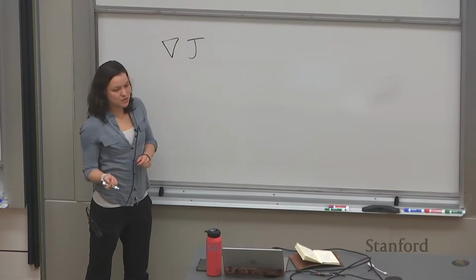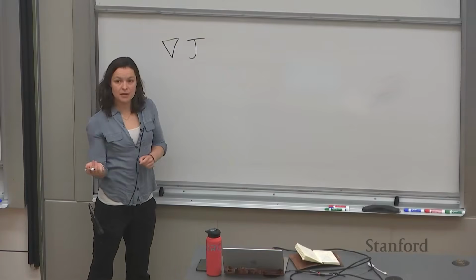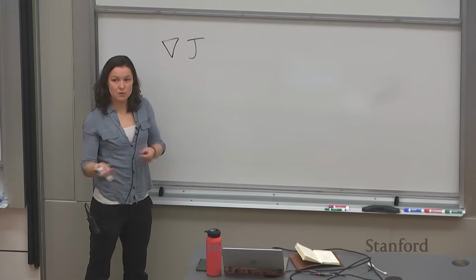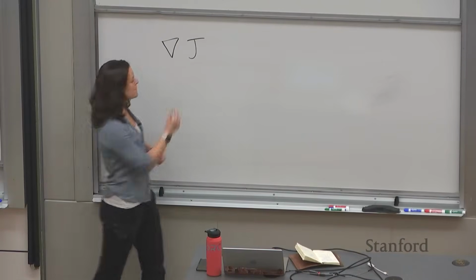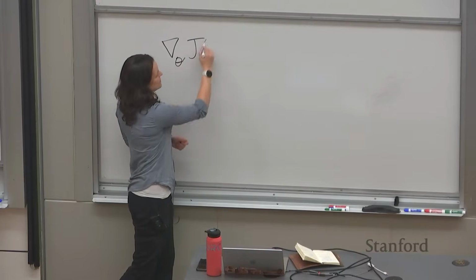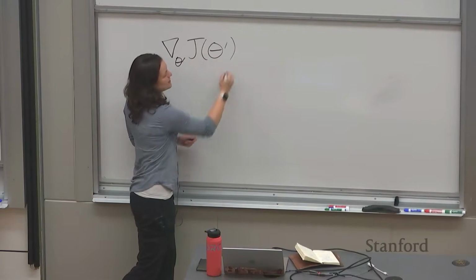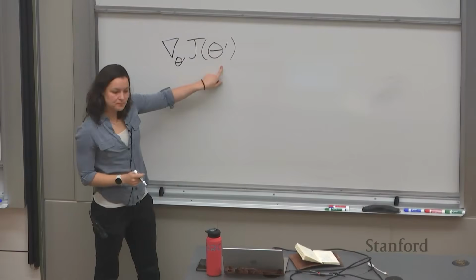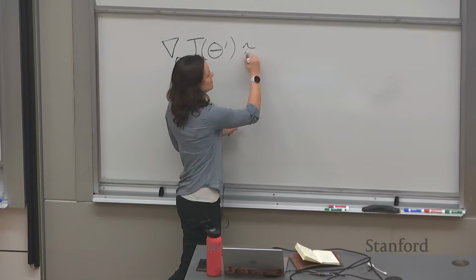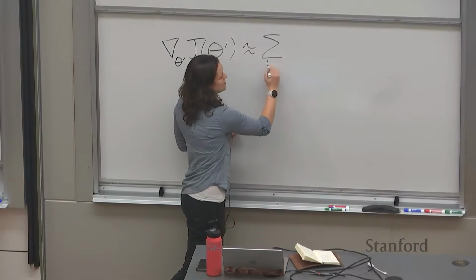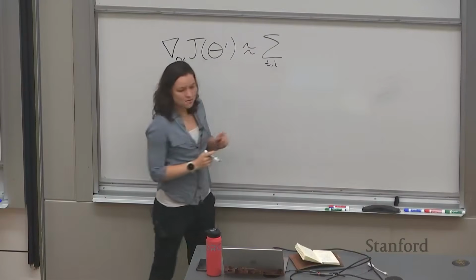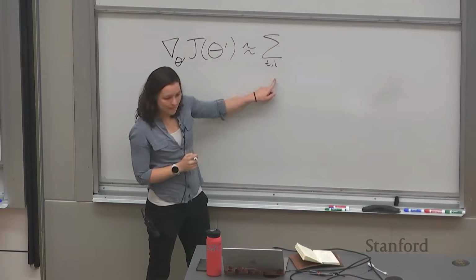So say that we collected data with pi theta. Now we've taken a gradient step and we have pi theta prime. So we want to be able to evaluate the gradient of the objective at theta prime. And to do this, we will reuse the data that we collected from pi theta in step 1.